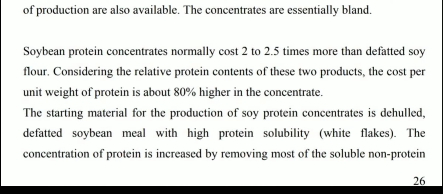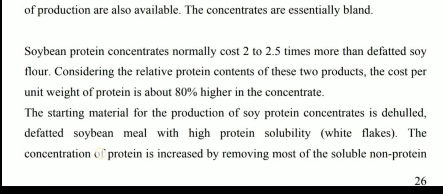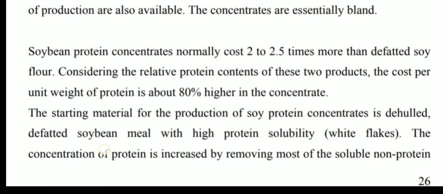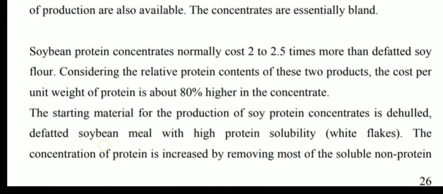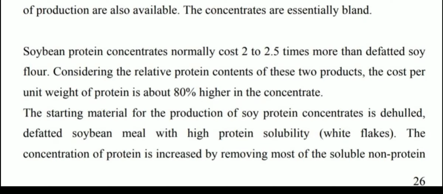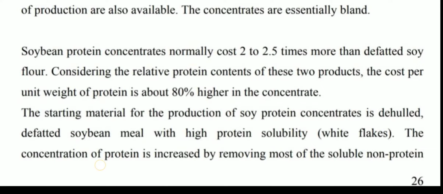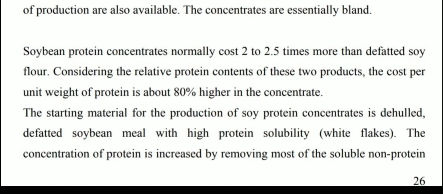Now, soybean protein concentrates normally cost 2 to 2.5 times more than defatted soy flour. Considering the relative protein contents of these two products, the cost per unit weight of protein is about 80% higher in the concentrate.